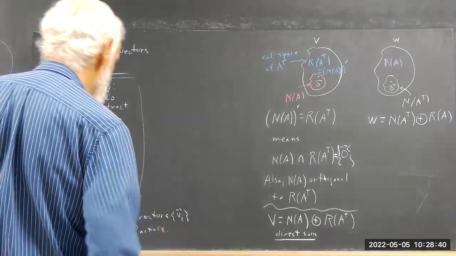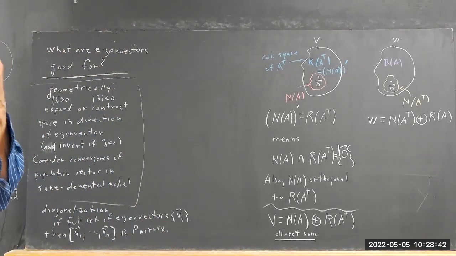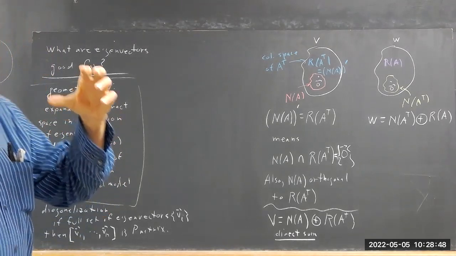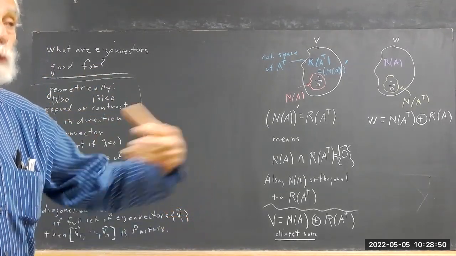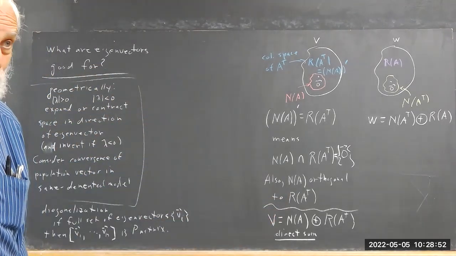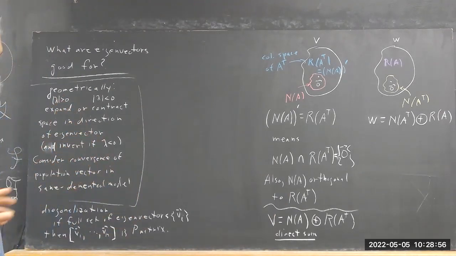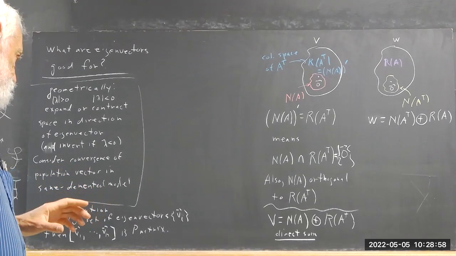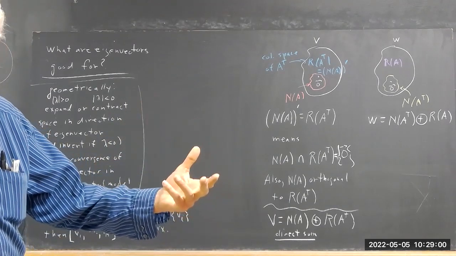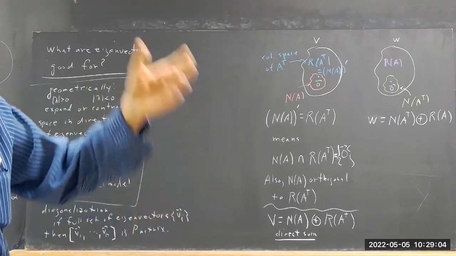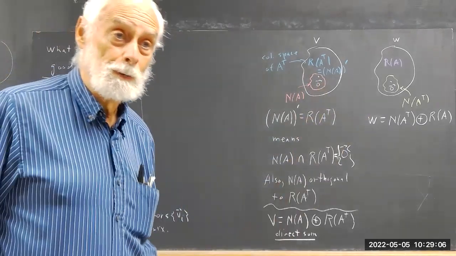And it's worth noting that if your matrix is symmetric, meaning it's a real matrix equal to its transpose, okay? I'm not going to write down that definition, but a symmetric matrix is a matrix equal to its transpose.